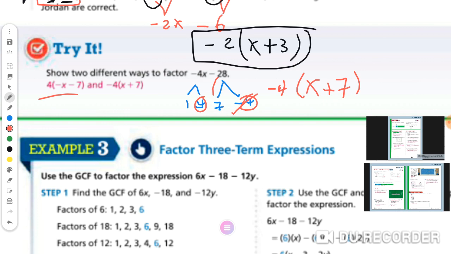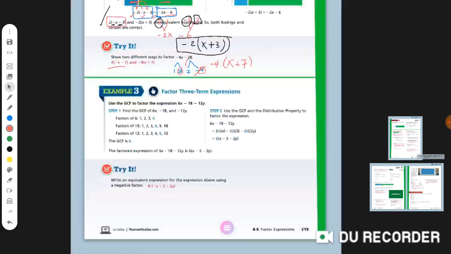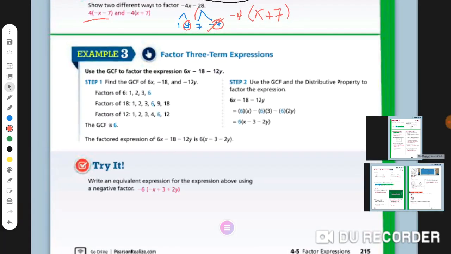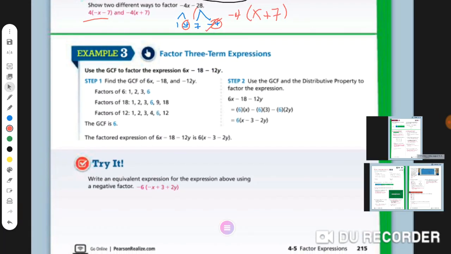Okay. Another example. As you see in the example here, I can take the common factor of the 3 terms. If I have 3 terms, 6, 18, 12, I will factorize each number separately.